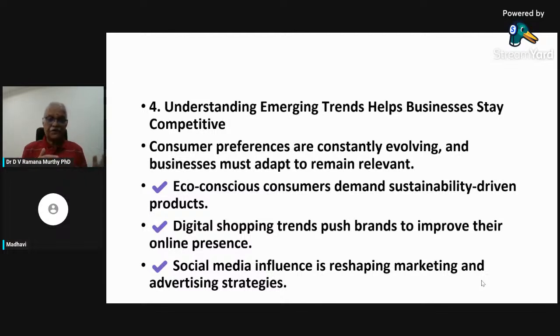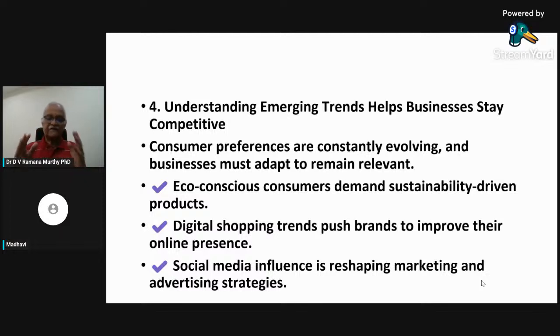For example, as I have already told you earlier, eco-conscious consumers demand sustainability-driven products because they want ethical production and ethical consumption. And digital shopping trends push brands to improve their online presence.